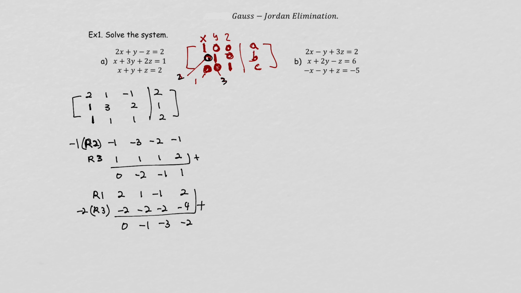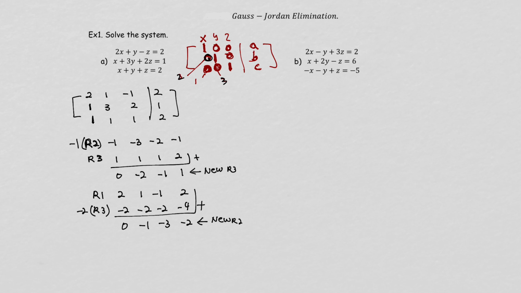So one of these is going to be the new row 2, the other the new row 3. It's up to you which one you want to make it; you could change the order. So let's just make this one the new row 2, and let's make this one the new row 3.